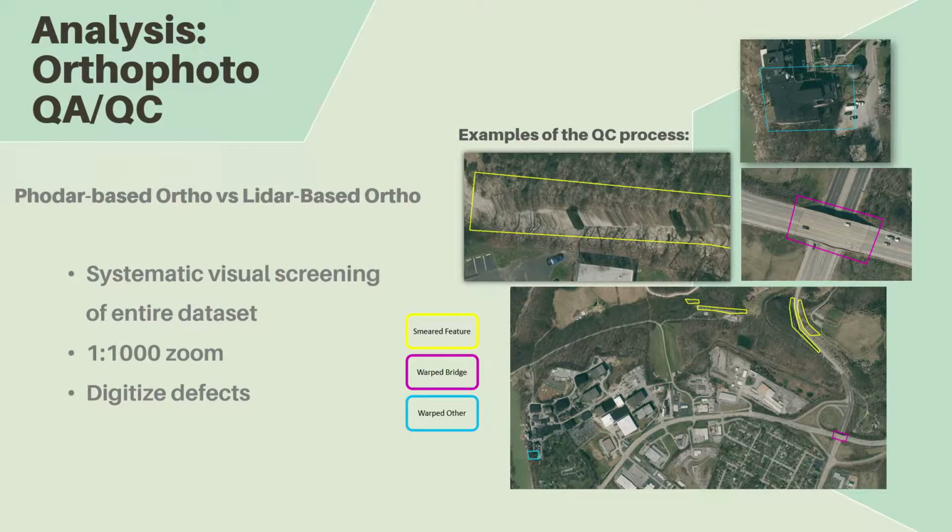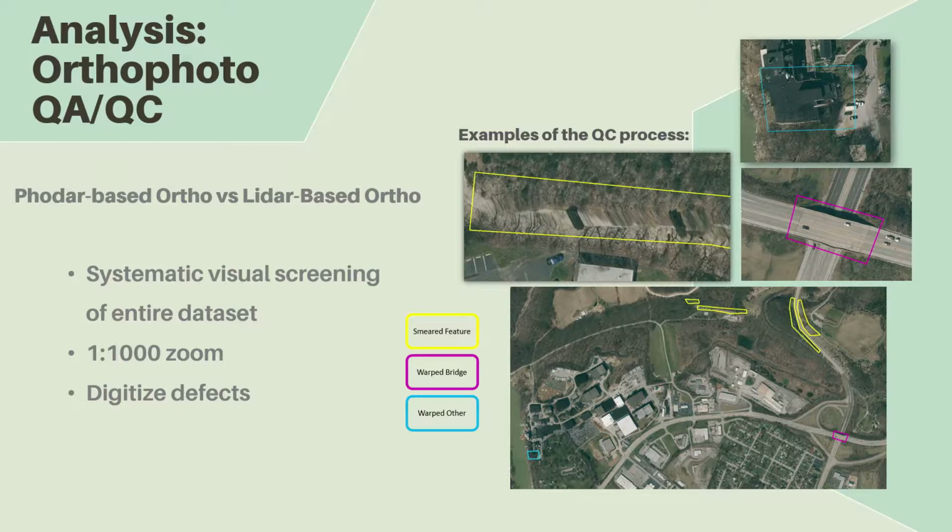Because a huge part of creating a good ortho image is creating a pretty picture, the next analysis performed was to assess the visual quality of the orthos generated from both DEMs. A set of phodar-derived imagery and LiDAR-derived imagery was systematically screened, and every part of the photo was examined at a consistent zoom level.